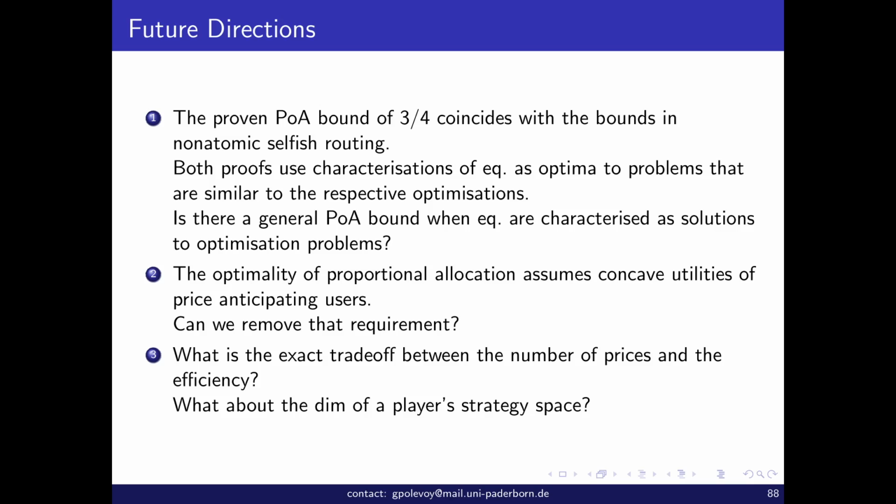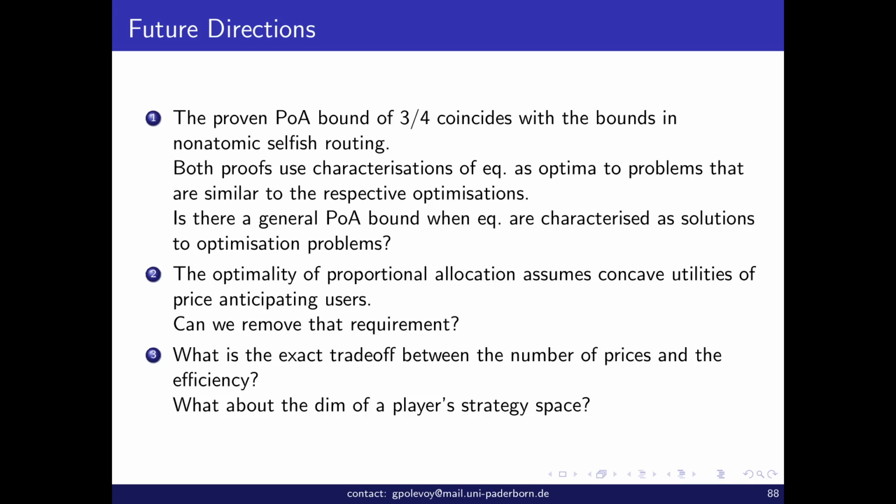Now let's look at several questions for future directions, which immediately flow from this topic. Of course, there are many questions. Let's just look at several. We proved that the price of anarchy bound is 3/4, and that may remind you of another bound we looked at, for non-atomic selfish routing, the work by Roughgarden and Tardos.